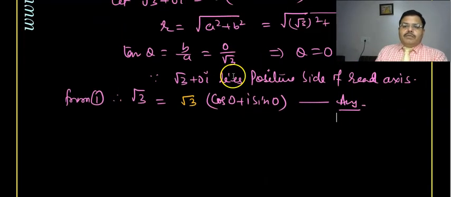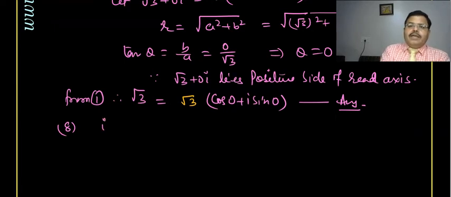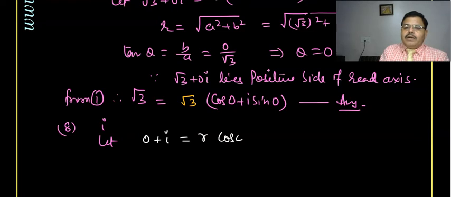Now one more question was there, and that is question number 8, and this is written as iota. So we'll write here, let iota is nothing else but 0 plus iota is equal to r cos theta plus iota sin theta.